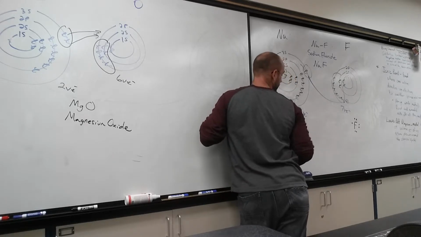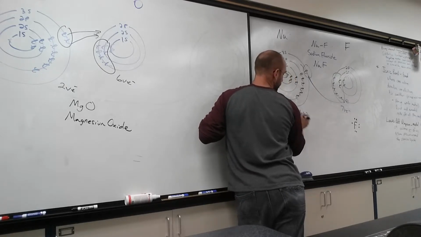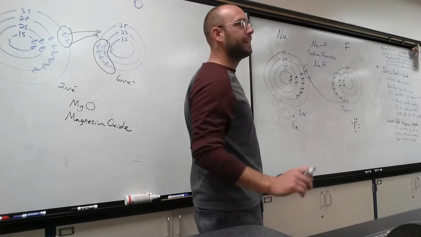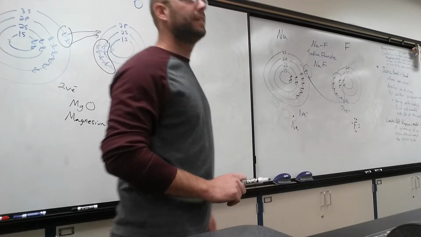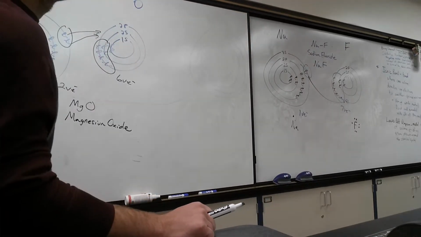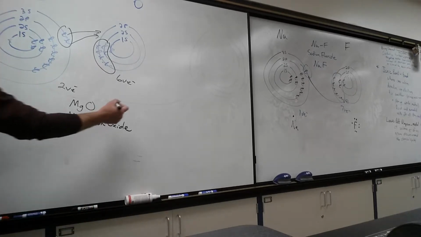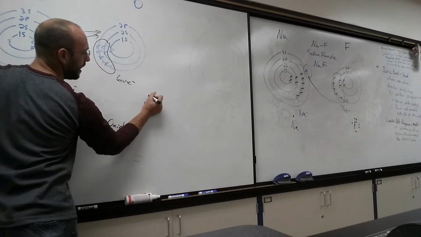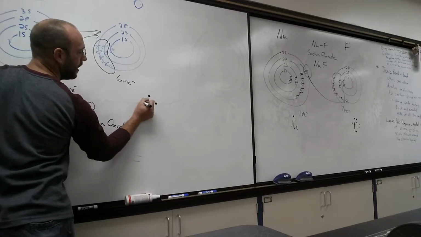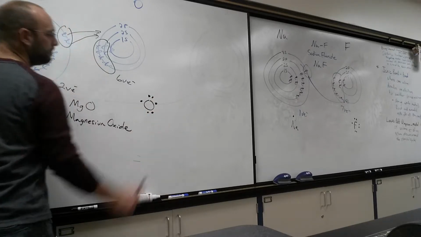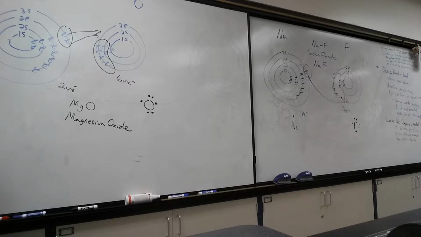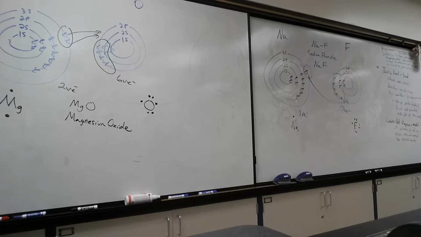Sodium has how many? 1. Put a dot above it. How much easier is that than drawing orbitals? What about oxygen? 6, right? So top, bottom, right, left, top, bottom. And for magnesium, top, bottom. So now we've done Lewis dot diagrams for all of these.